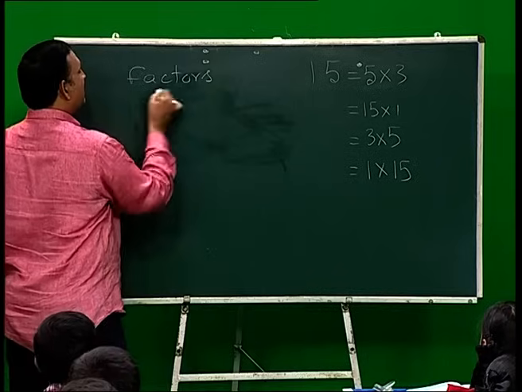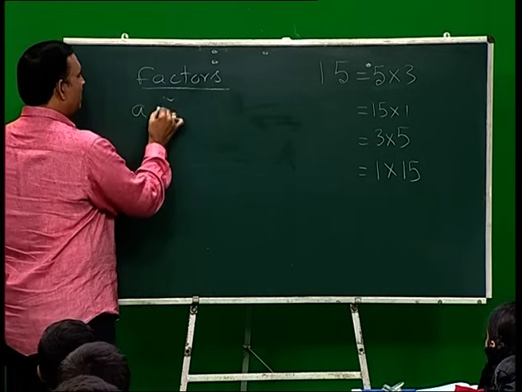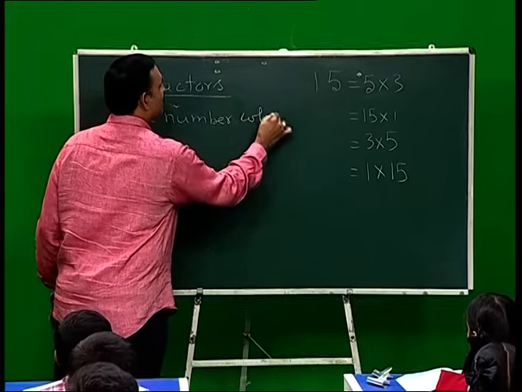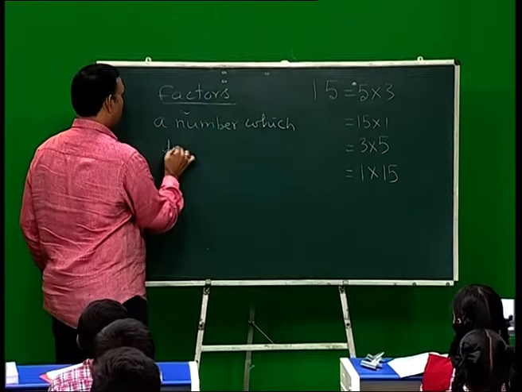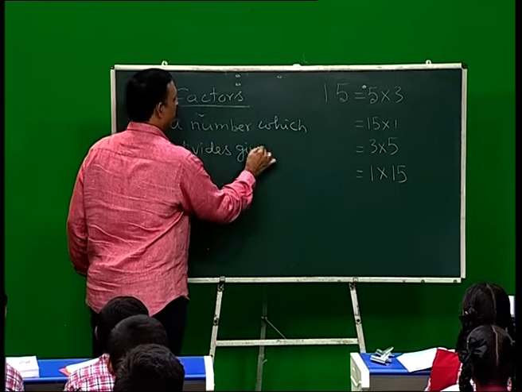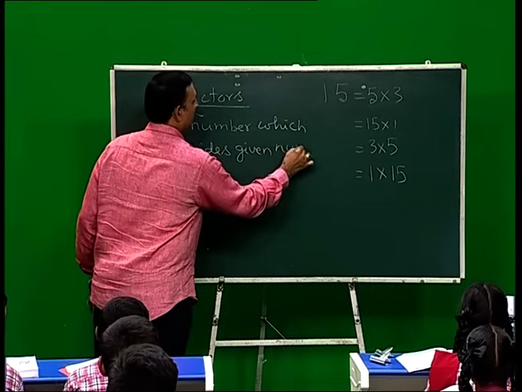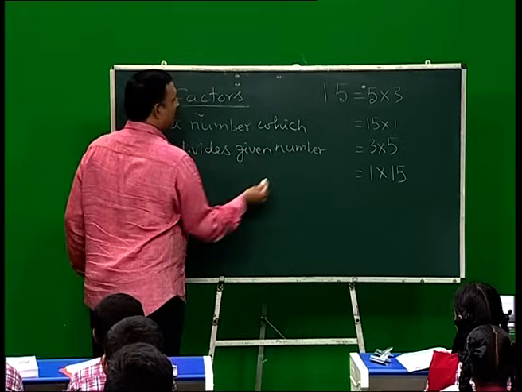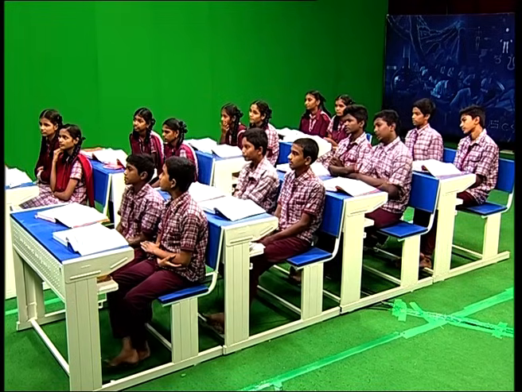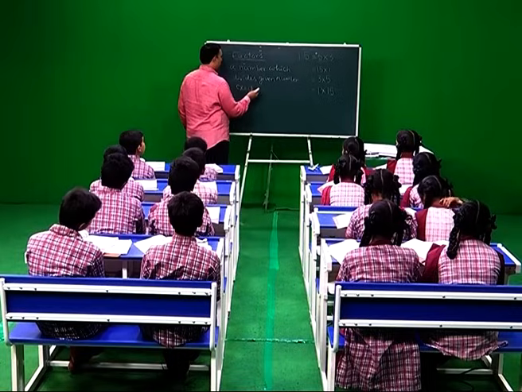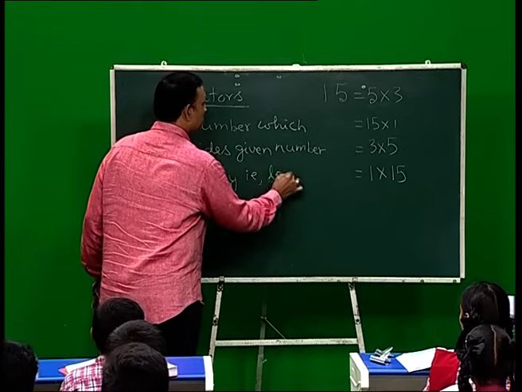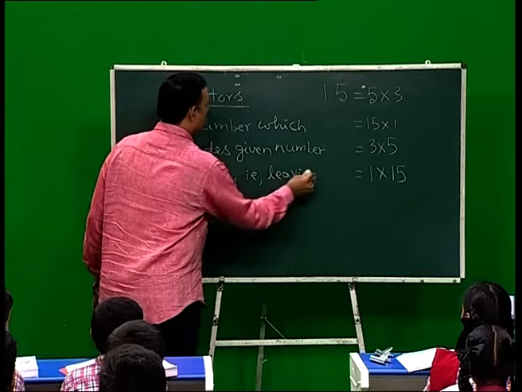So what is a factor? A number which divides the given number completely or exactly. Exactly means leaving remainder 0.